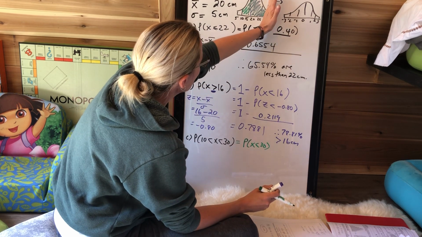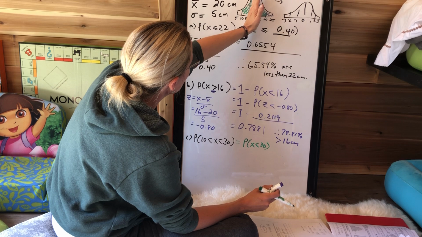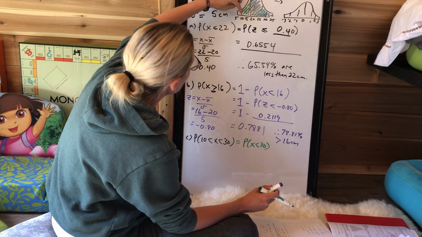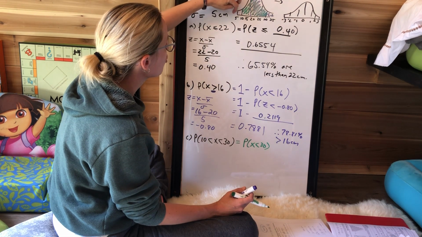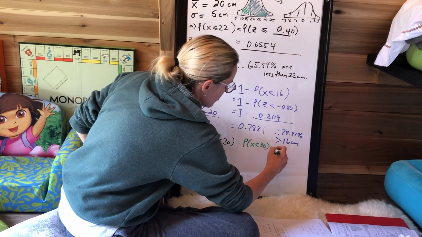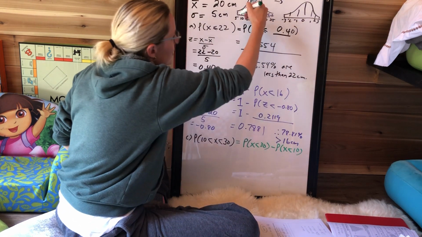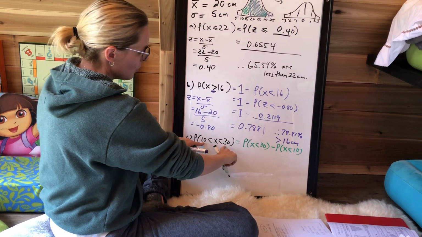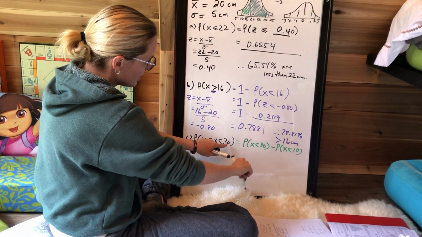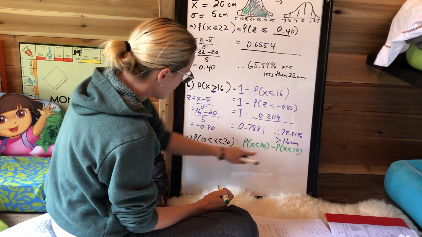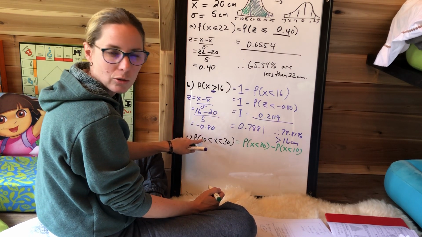But when you do that, you cover this whole area and this area. I'm not interested in this area, so I have to subtract out the probability that X is less than 10. That'll give me the stuff that's in between. Every time you do in between, you do the probability it's less than your larger number and subtract out the probability it's less than your smaller number.